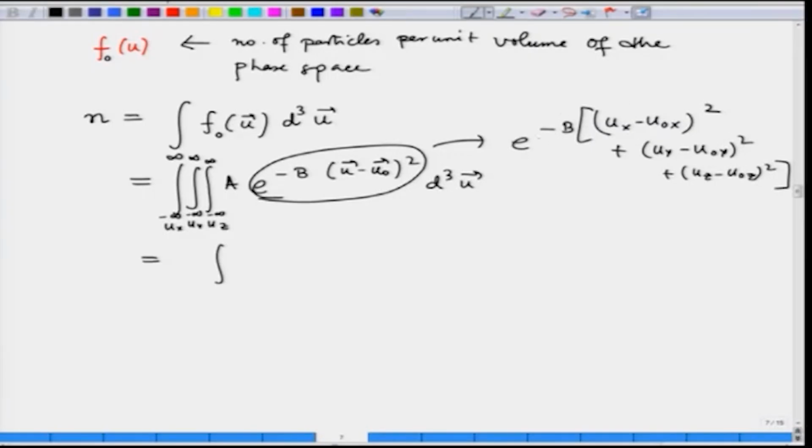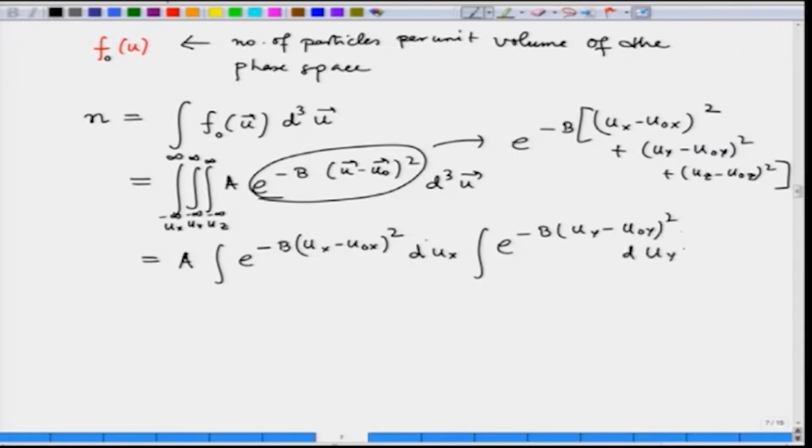So they are nothing but a product of three terms. If you write that out, it gives e to the minus b (ux minus u0x) whole square dux, times e to the minus b (uy minus u0y) square duy, and the same thing for the z component.